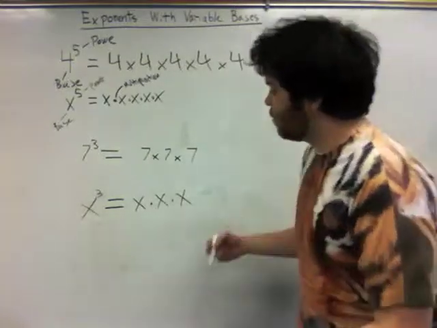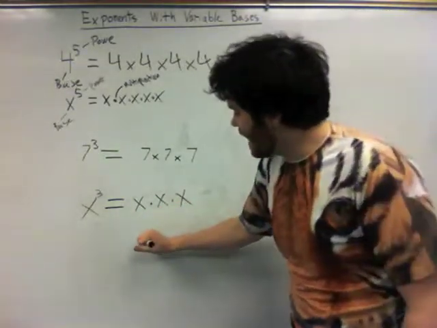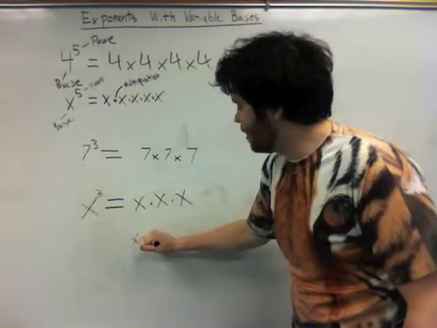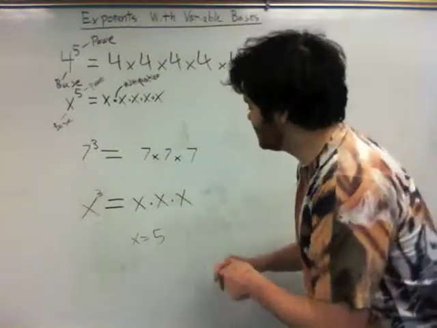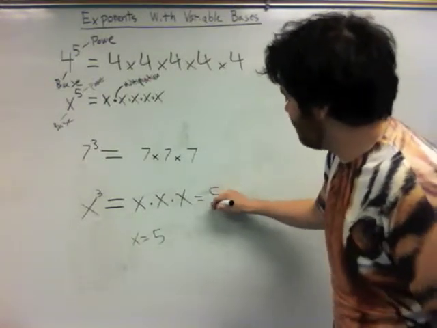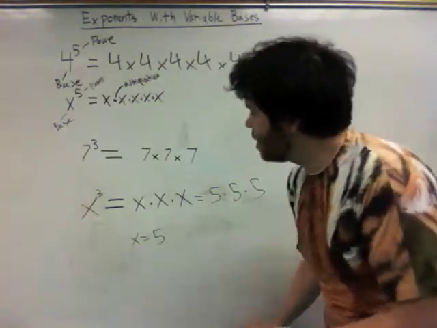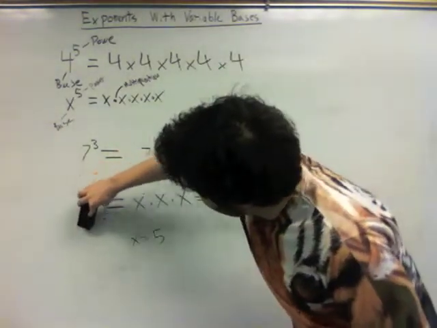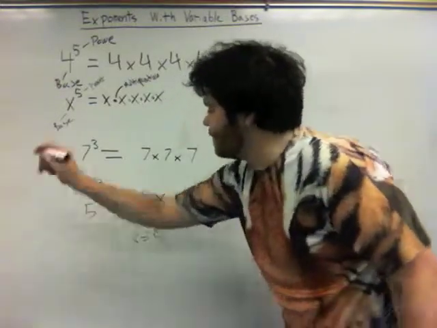We also might want to say, okay, x times x times x, let's say that x is now equal to 5. So this time 5 people showed up to my party. Well, that's just going to be equal to 5 times 5 times 5, or 5 to the third.